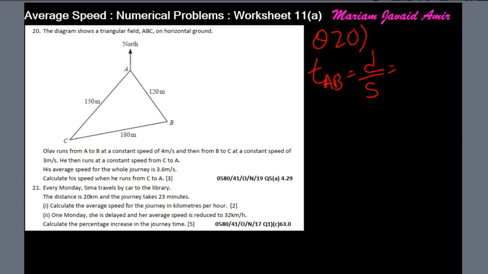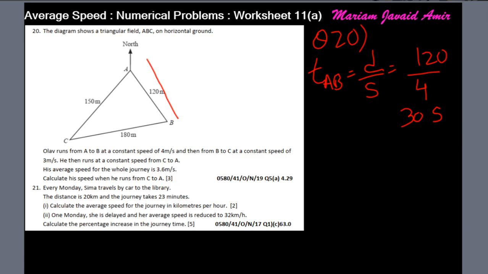Okay, so time from A to B is this time, and the speed is 4 meters per second. So the distance here is 120 and the speed is 4. So 120 by 4 is 30. The time taken to travel from A to B is 30 seconds.